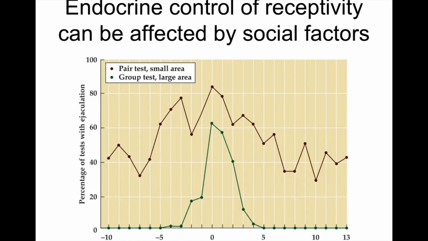However, if you look around peak ovulation, you find that in the social colony setting, you only saw about 50% of the interactions turn into an ejaculation outcome around this peak ovulation. So, one way of looking at this is maybe it's sort of like the endocrine power of ovulation overcomes social factors that might otherwise reduce or attenuate sexual behavior here.